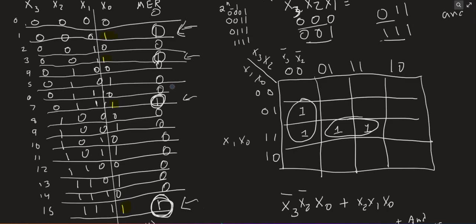So this is 0, 0, 0, 0, 0, 1, 0, 1, 1, and 1, 1, 1. Those were the values I needed to get. But there's a problem because 0, 0, 0 also fits that model, but it's not one that I want to detect. But I noticed that all of the ones that I want to detect also have a 1 for x0.